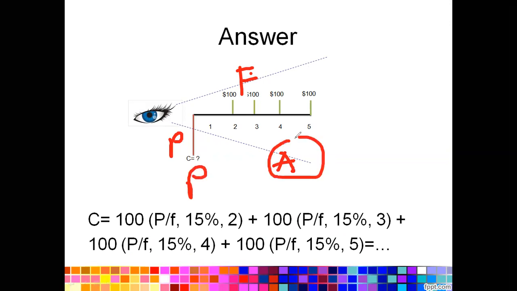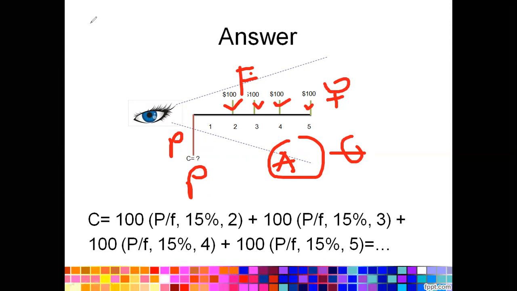An annuity is applied to cash flow that has a constant number, a uniform pattern, whether in the positive area or negative area, earnings or disbursements.